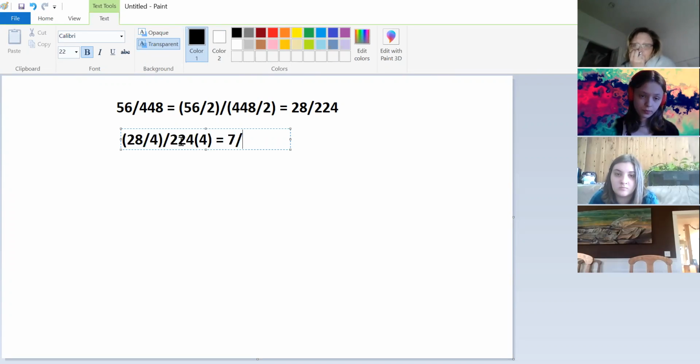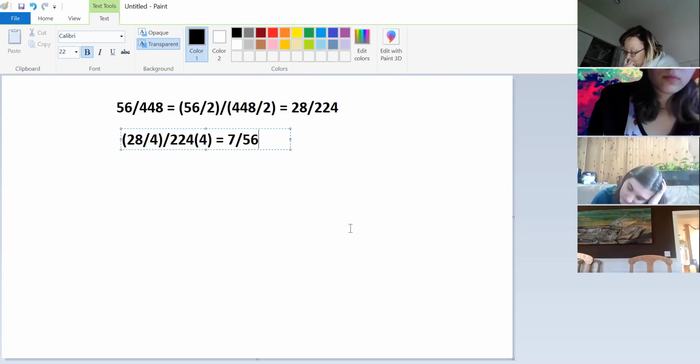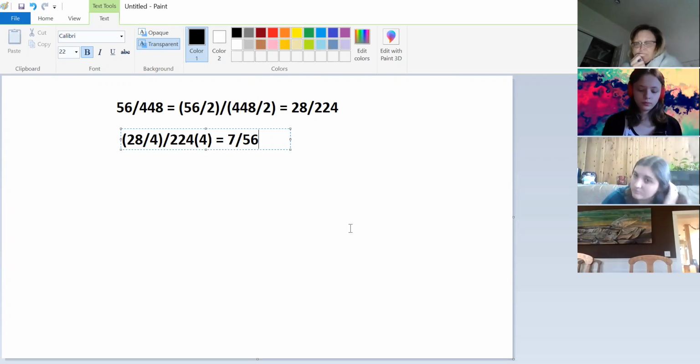I'm breaking 224 into 200 and 24. 4 into 200 is 50, and 4 into 24 is 6, so it's 56. So now you have 7 over 56. Now, how many times does 7 go into 56? This is where you should know your times tables. Knowing your times tables makes this a lot easier, of course. But how many times does 7 go into 56?